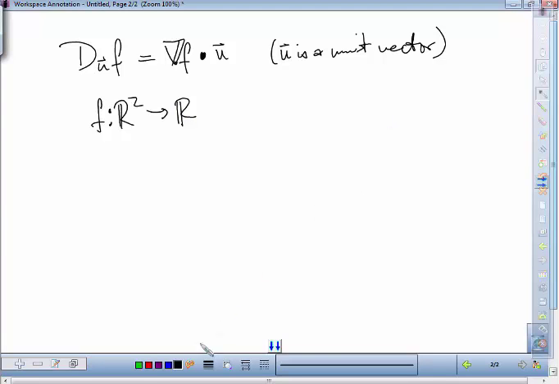So you're kind of focused on the map in 2 dimensions. And let's fix ourselves to a point (a, b) in the domain.